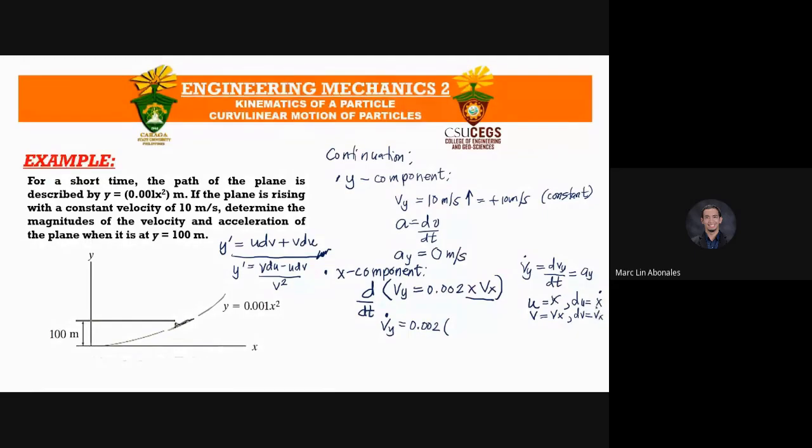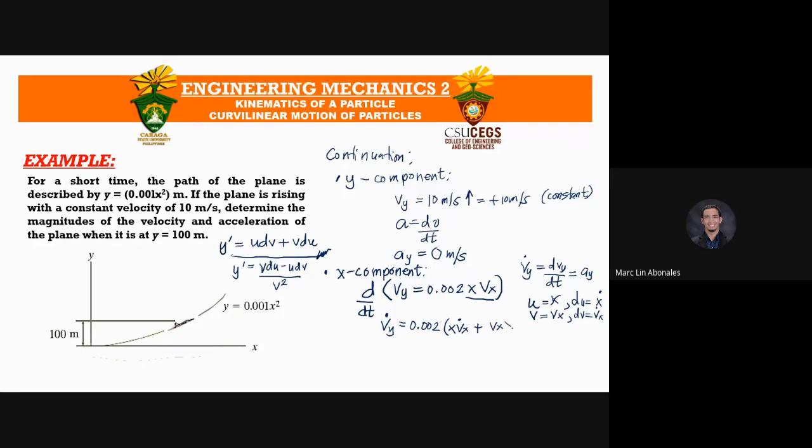So the x dot, meaning that is the vx, and the vx dot is equivalent to the ax, or the x component of your acceleration. So u dv plus v du: u is x, dv is vx dot, plus v du, v is vx, and du is x dot.